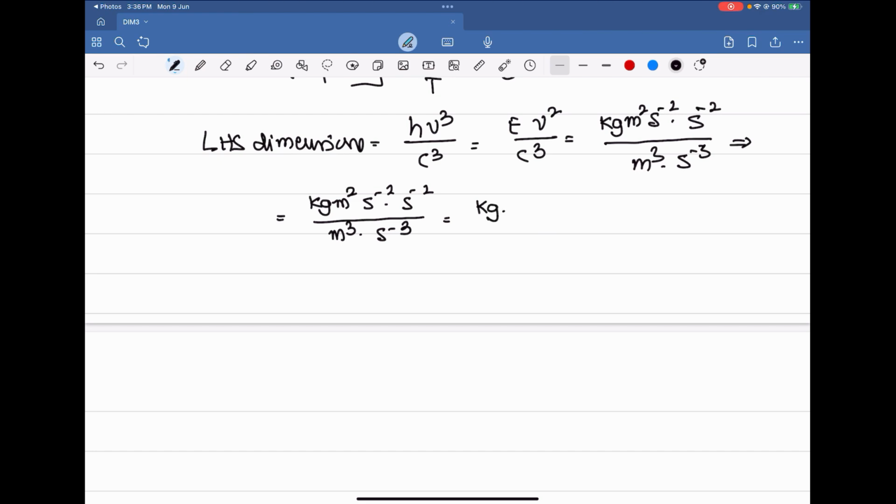Meter square by meter cube is equal to meter to the power of minus 1. Then comes second to the power of minus 4 divided by second to the power of minus 3. That will be second to the power of minus 1.